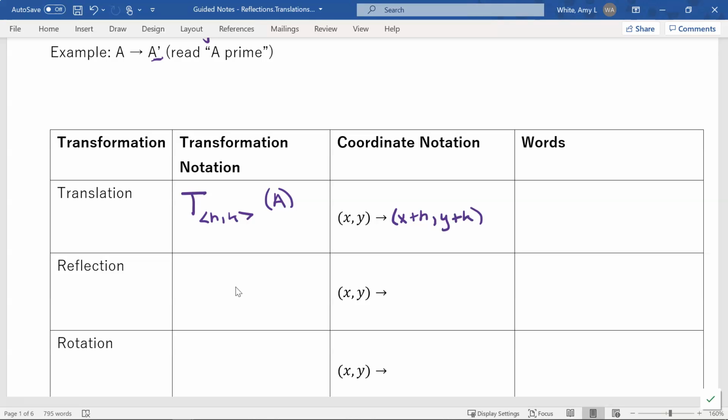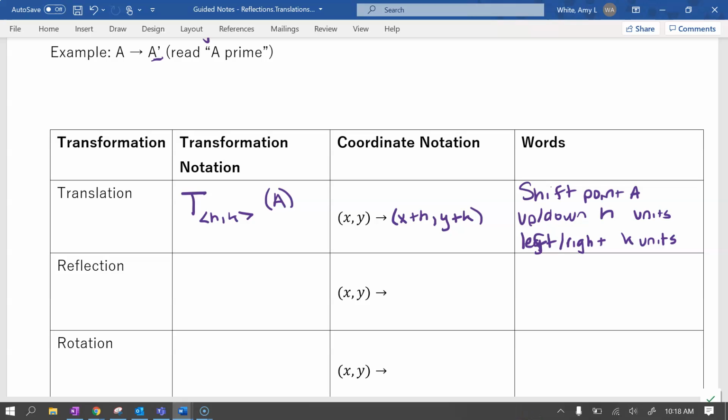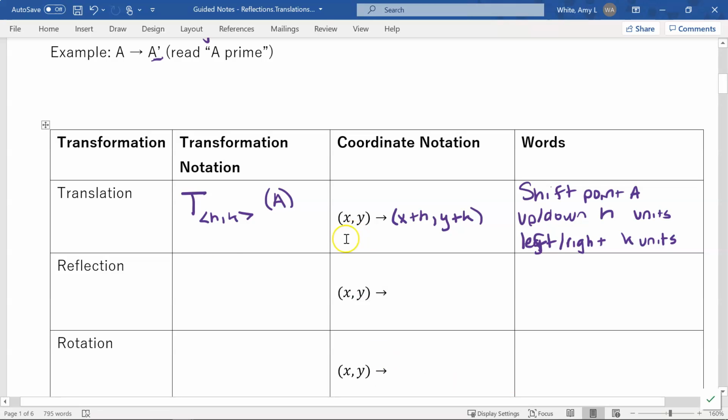And this would just tell you that you would count h units or k units. And then as in words, we could say shift point A up or down h units, and then left or right k units. And the left or right and up and down would depend on whether the value is positive or negative.